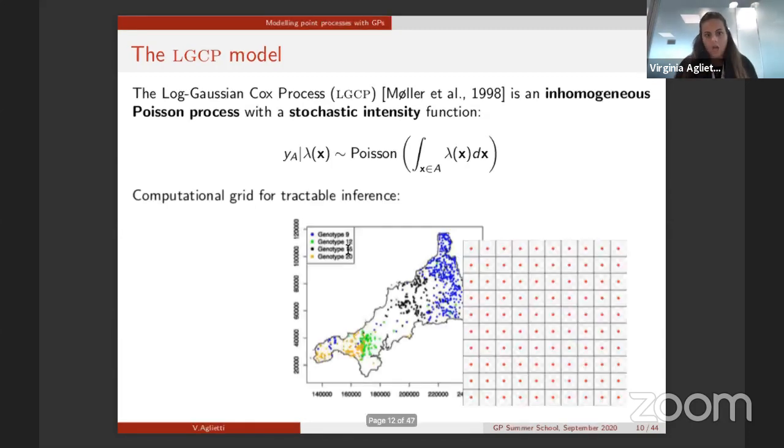Now, the problem with this LGCP model is that the integral of this intensity function is generally not tractable. So what people generally do to perform inference in this type of model is to consider a computational grid, generally a regular one, but other more complicated grids can be considered as well. The idea is that you have your spatial extent and you place a regular grid on top, you count the number of events falling within each cell, and you attribute that number of events to the centroid of the cell.